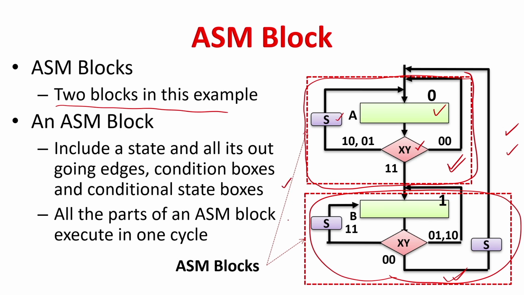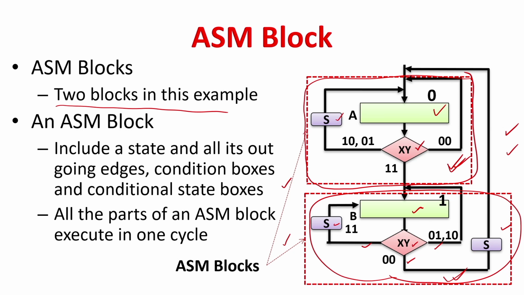Particularly these two are shown here as ASM blocks. This is one block and this is another block. So, a state box and all its outgoing edges, particularly these outgoing edges, all outgoing edges, condition boxes and conditional state boxes.